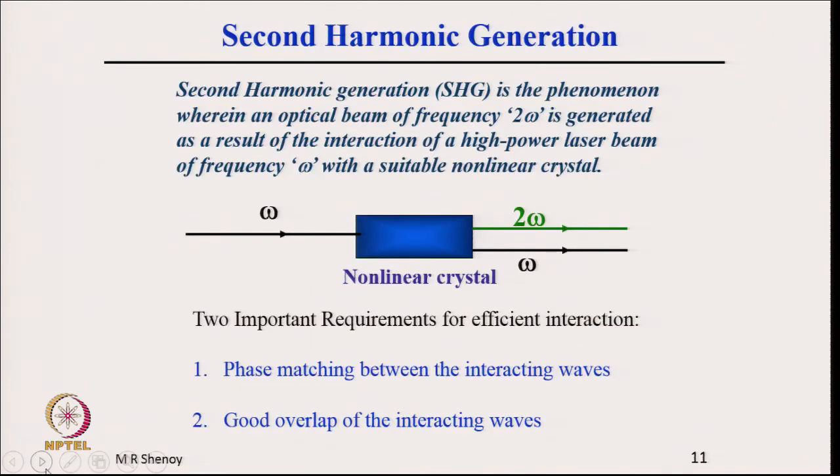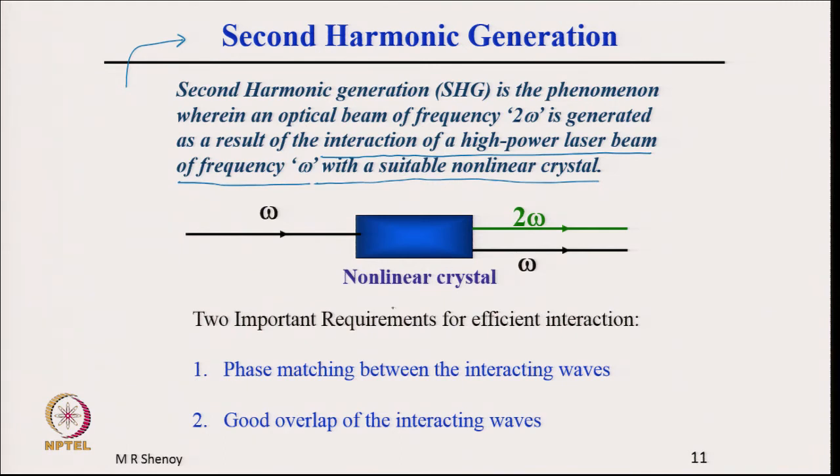Now, let me pick up just one nonlinear effect and highlight it, which is the second harmonic generation. Second harmonic generation is the phenomenon wherein an optical beam of frequency 2 omega is generated as a result of the interaction of a high power laser beam of frequency omega with a suitable nonlinear crystal. So, there is a nonlinear crystal here.